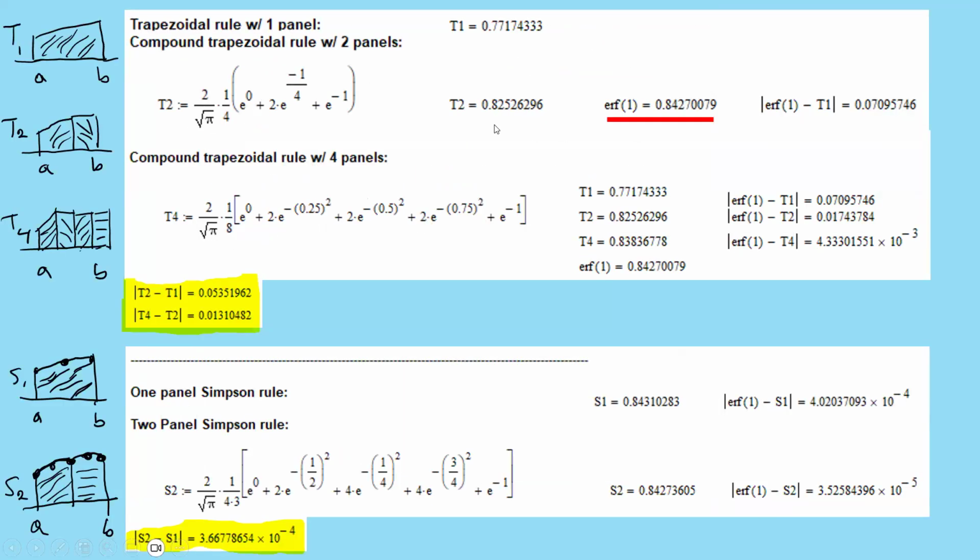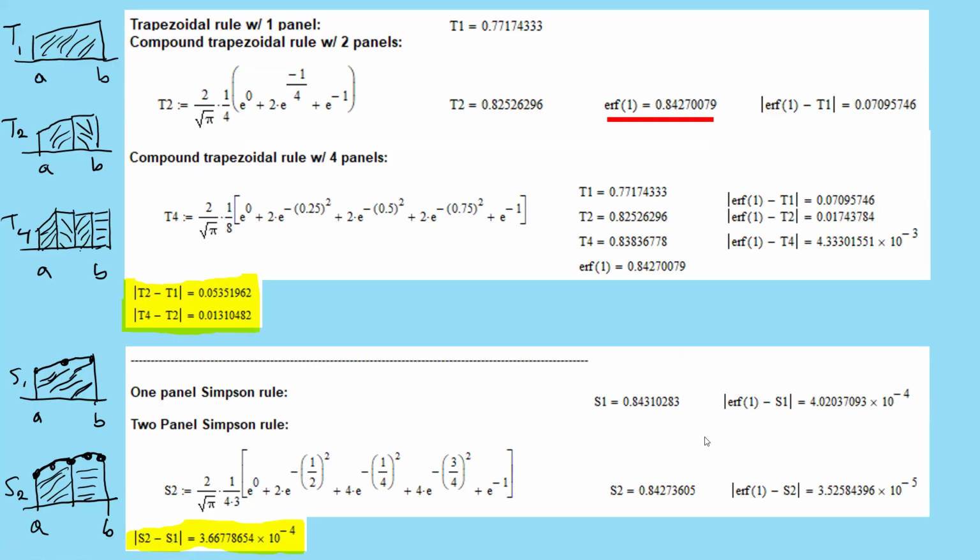For example, when we use the trapezoid with two panels, the answer of the integral becomes this, and the error will decrease. For the trapezoid with one panel, the error between the exact answer and this estimate is 0.07. For the trapezoid with two panels, it is reduced to 0.01. Once we use 4 panels, the error becomes 4 times 10 to the negative 3.